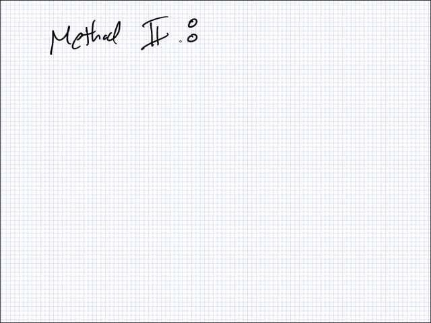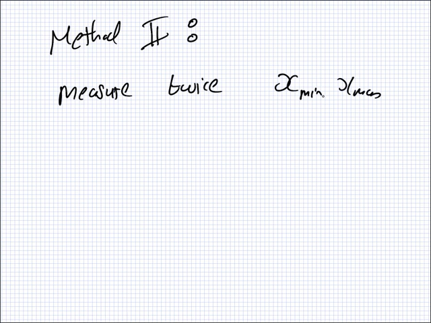So you have two measurements. If you measure twice and you get two values, let's call them x min and x max. Of course one of the values will be bigger than the other. It's really not possible for them to both be the same.